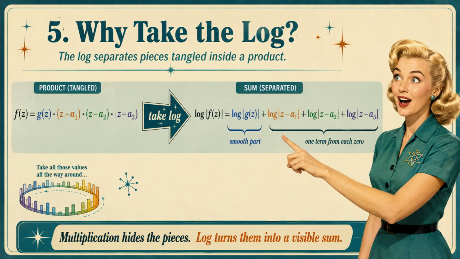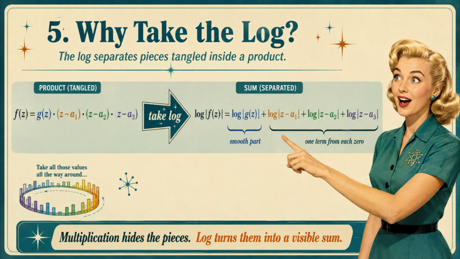The function equals a smooth part times the factor connected to the first zero times the factor connected to the second zero times the factor connected to the third zero, and so on. Each zero has its own factor, but multiplication tangles all those factors together. The first zero, second zero, and third zero are all mixed into one product that is hard to read.